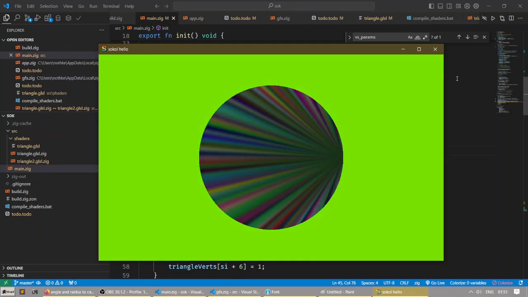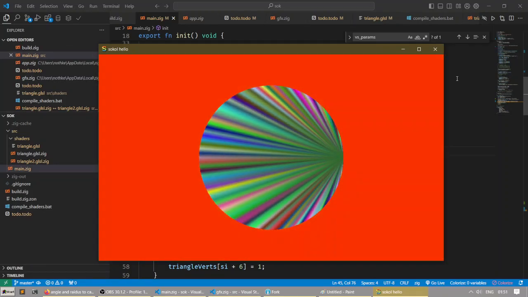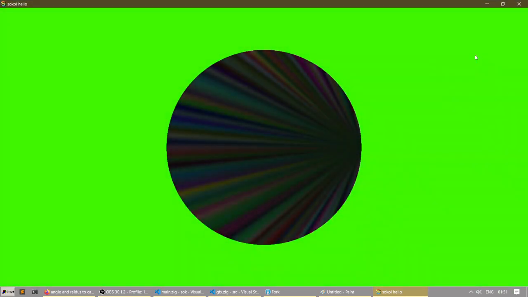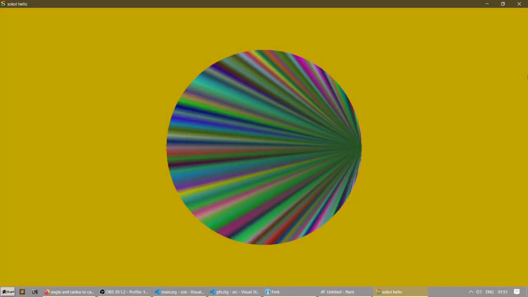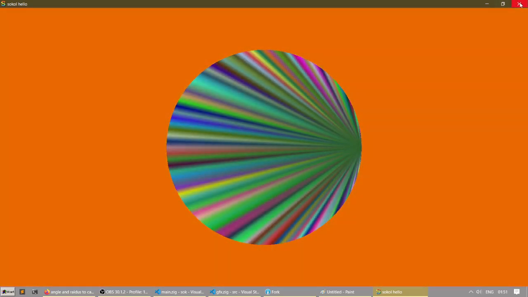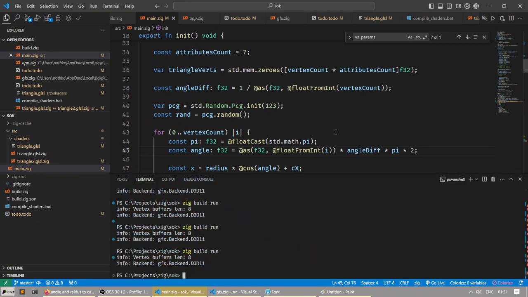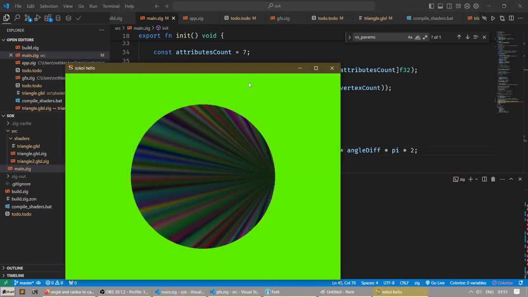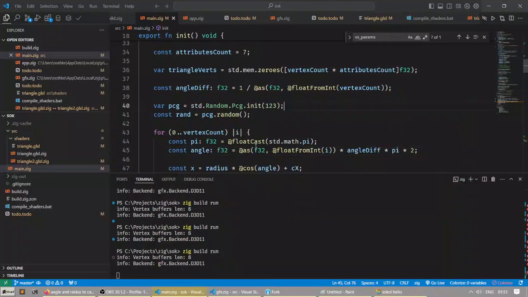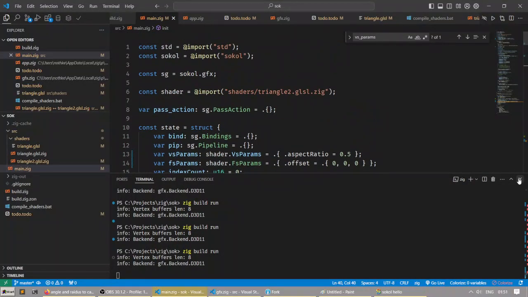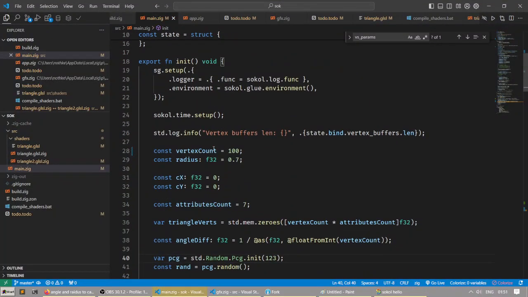So with this as the cover, we can also resize. There we go. Wish I could do a full screen, but I don't know how. Anyway, I'm pretty sure that there's a sokol begin in it.